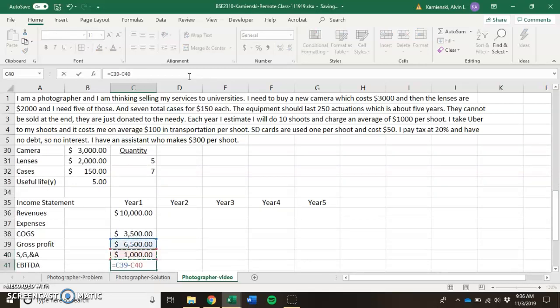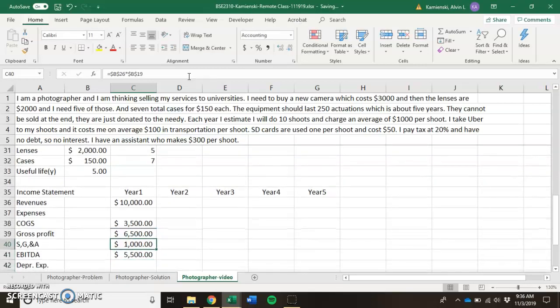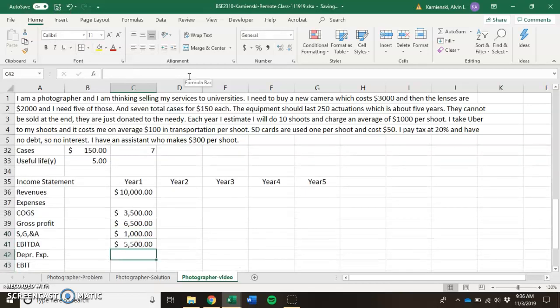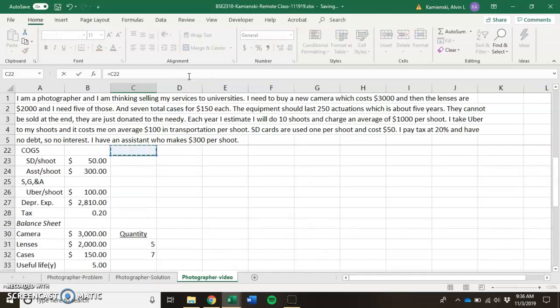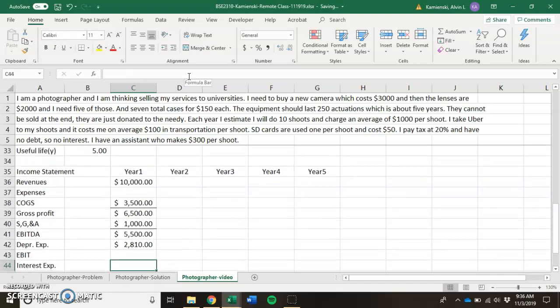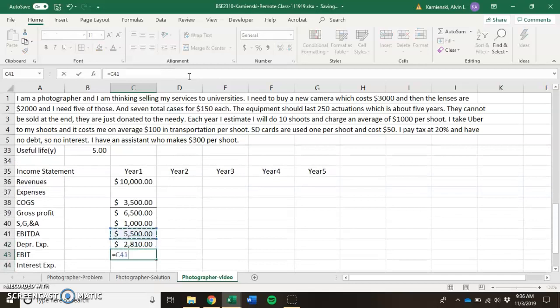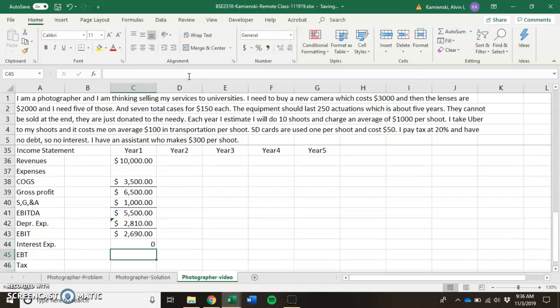So my EBITDA is gross profit minus SG&A. Depreciation expense we calculated above at 2810. Fix that reference so that our EBIT is equal to EBITDA minus depreciation. Interest expense was indicated as none, so our EBT is EBIT minus interest.